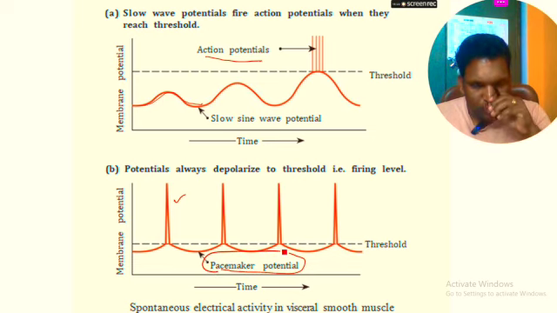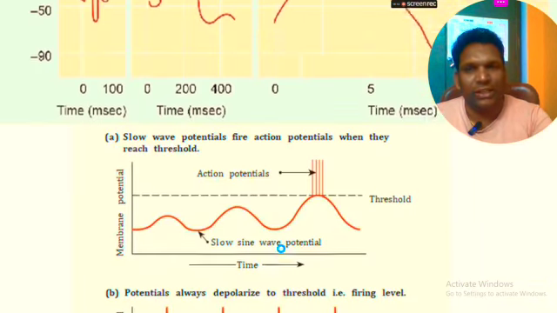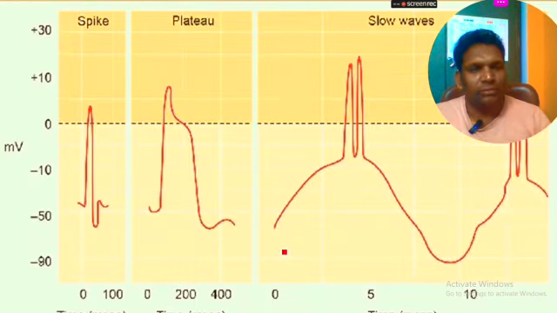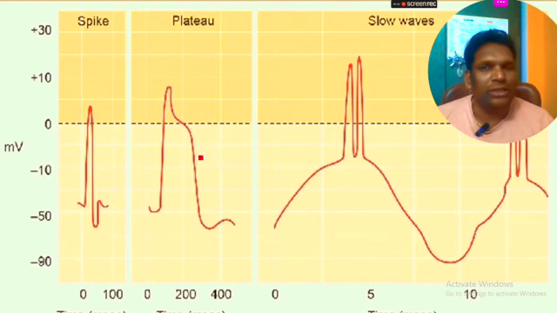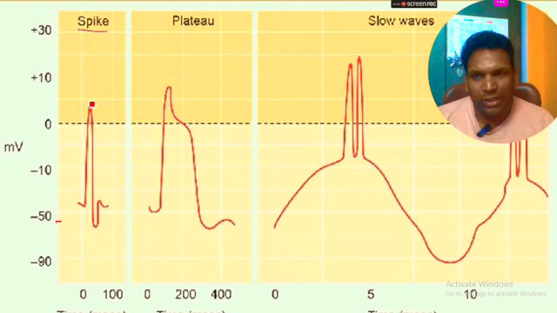From minus 50 it goes to the isoelectric line, overshoots, and a spike is formed. A plateau is a delay in repolarization. This is due to prolonged opening of a large number of calcium channels, leading to sustained presence of calcium intracellularly and causing a plateau at the time of depolarization.